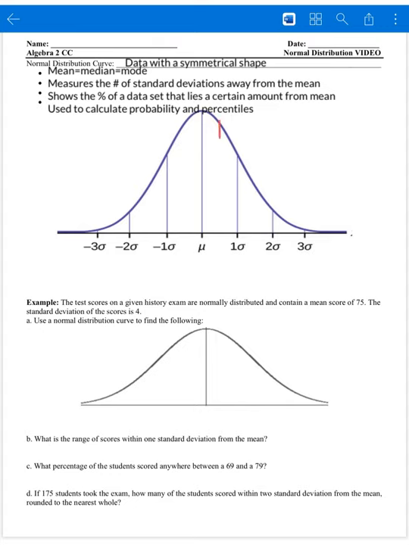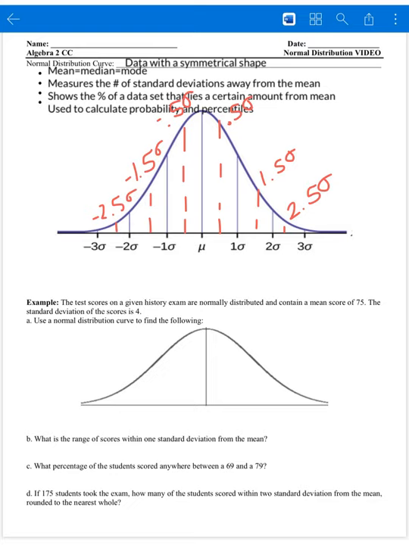Your dashed lines represent half of a standard deviation. So this would be positive 0.5 standard deviations. This would be positive 1.5 standard deviations, 2.5 standard deviations, and then 3. You're not going to go more than 3. It goes too far out. This is minus 0.5 standard deviations, minus 1.5, minus 2.5.